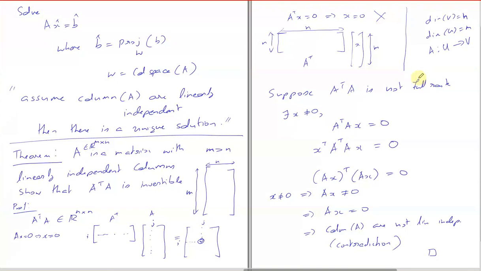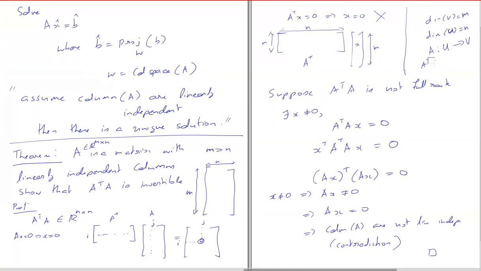Now, another thing is that A transpose, when operated on any n-dimensional subspace, doesn't have any null space. The U is n-dimensional and V is m-dimensional, with m greater than n.